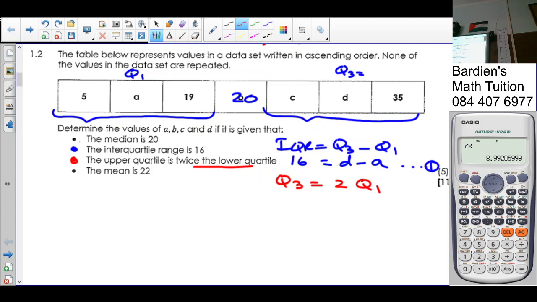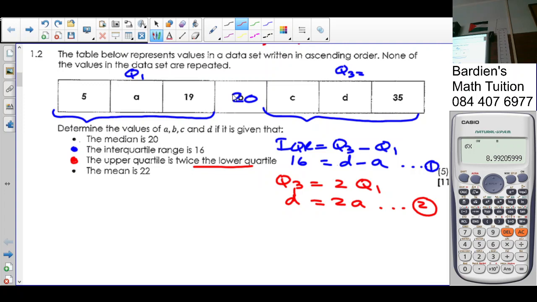So in terms of A and D, what do we have? D is equal to 2A. It's equation 2. Can I solve for A and D at this point? Yes, it's enough information. You have 2 unknowns and we have 2 equations. So let's solve for A and D.